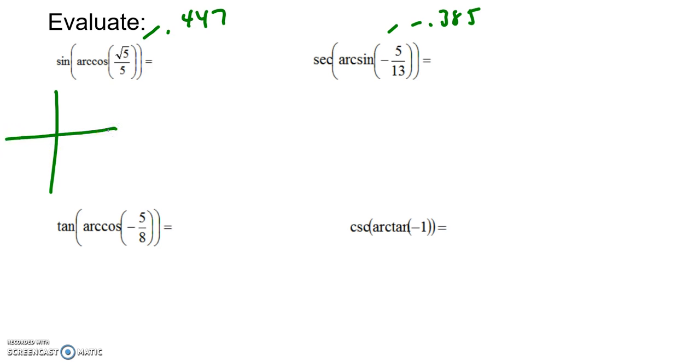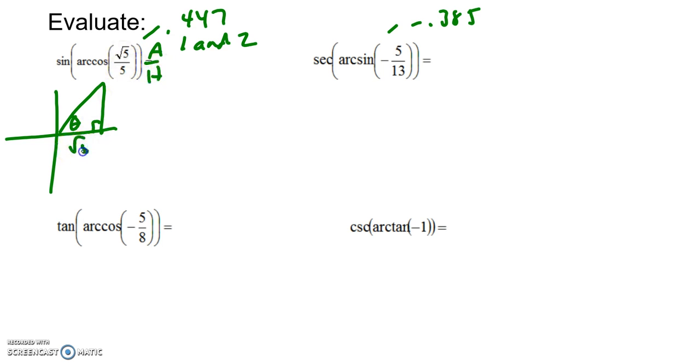And remember, with composition, you start inside out. I think about where is cosine restricted. Well, cosine is restricted, or the arccosine, in quadrants 1 and 2. Because root 5 over 5 is positive, I'm guessing that my little triangle will be drawn in the first quadrant. And if I do that, this is my reference angle of theta. That means that my angle is found by doing the inverse cosine, where root 5 over 5 could really represent adjacent over hypotenuse.